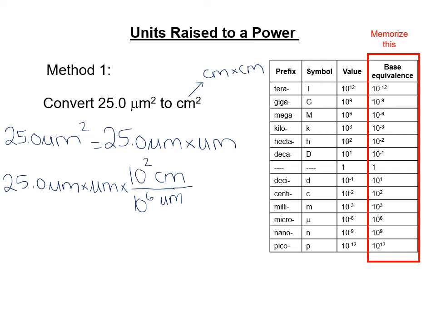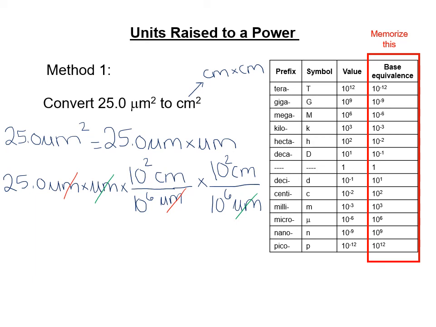And so this cancels one of the two micrometers, but there's two of them. So now I have to do the same conversion again for the other micrometers. Same thing again, 10 squared centimeters over 10 to the 6th micrometers. And now this will cancel my other micrometers, right?